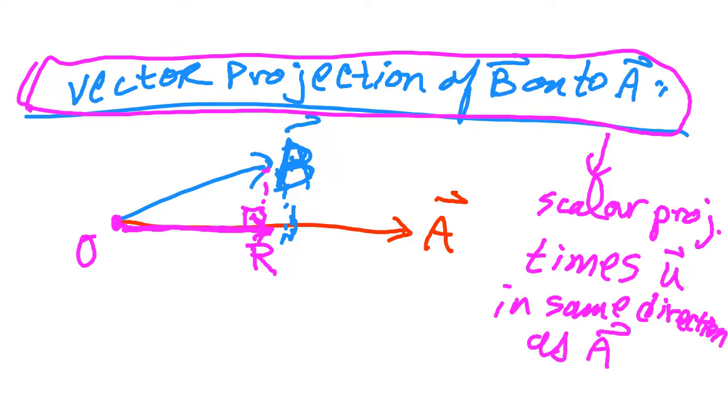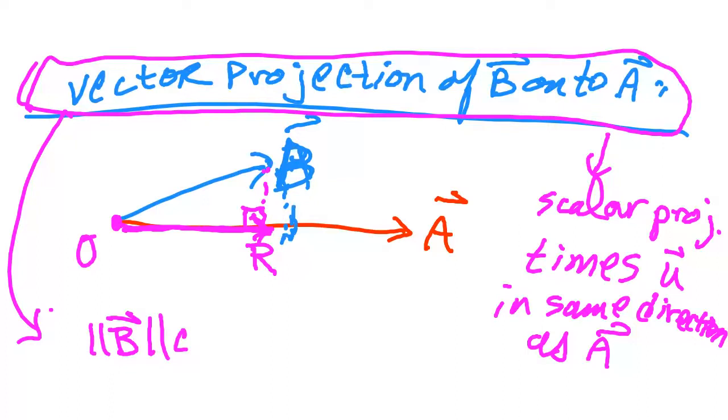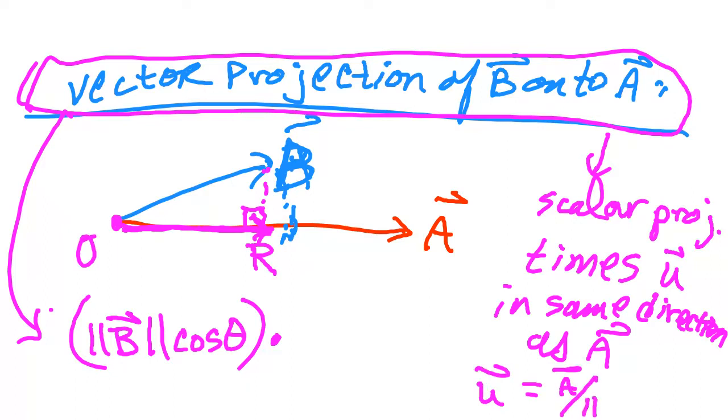Okay, so what is the vector projection? Well, one way to say that the vector projection of B vector onto A vector is the scalar projection, which one of the representations was norm of B cosine theta, and then times a unit vector in the same direction as A. Remember, the unit vector in the same direction as A is just A vector divided by the size of A vector.